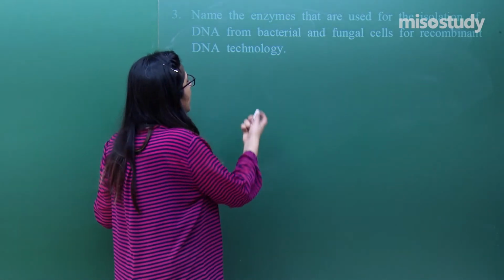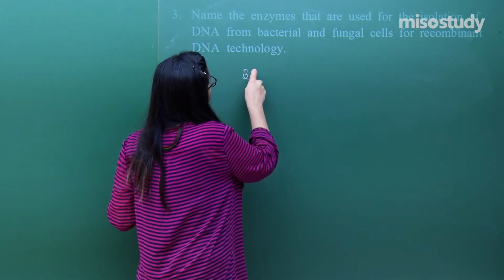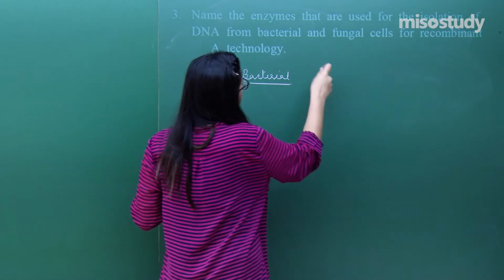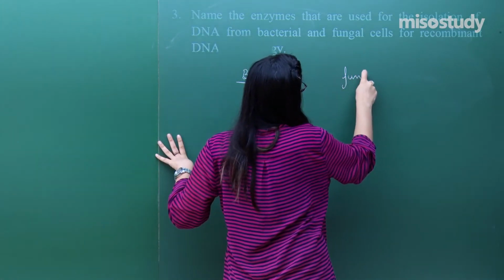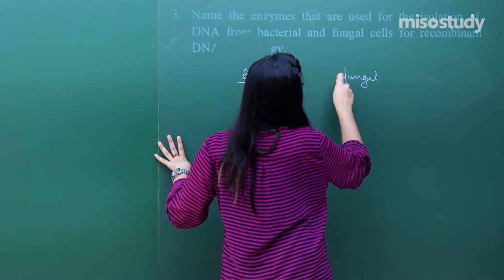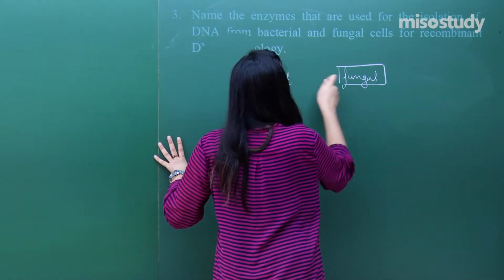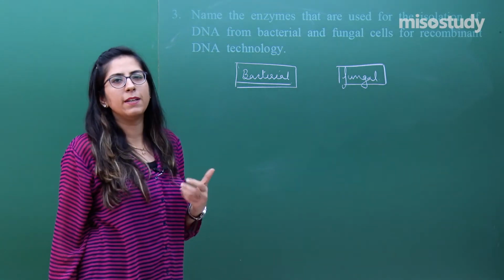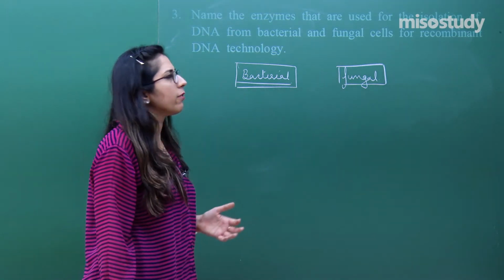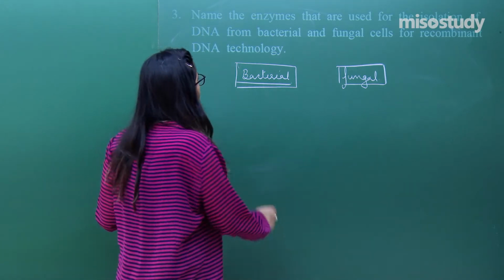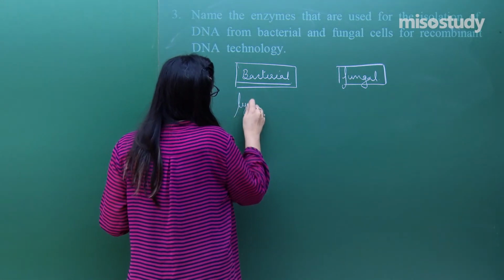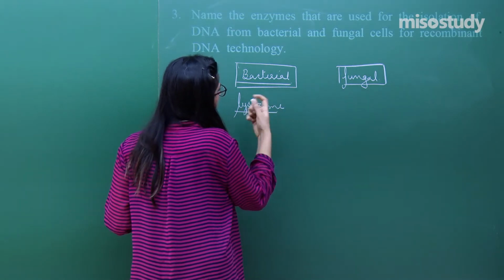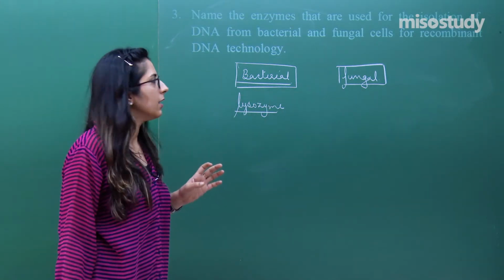Suppose we have one bacterial cell and a second, a fungal cell. First of all, the outermost coat should be digested. In the case of bacteria, the enzyme used for such digestion is called lysozyme, and lysozyme is also present in our tears, right?